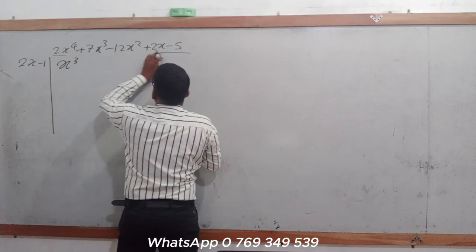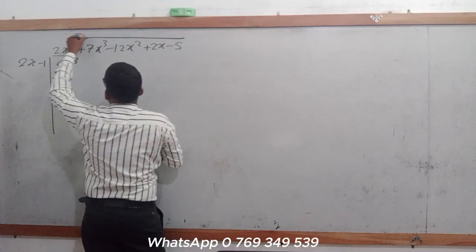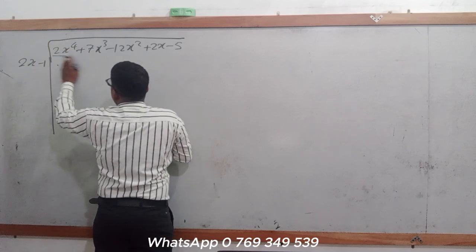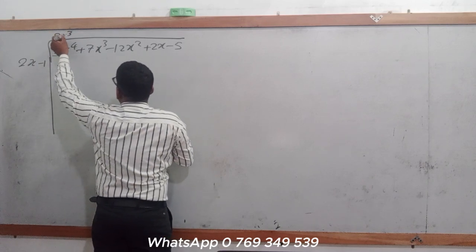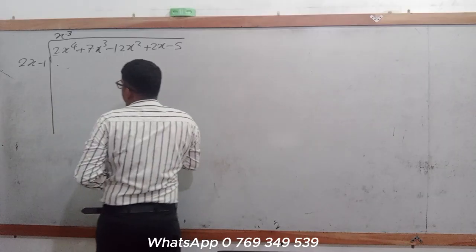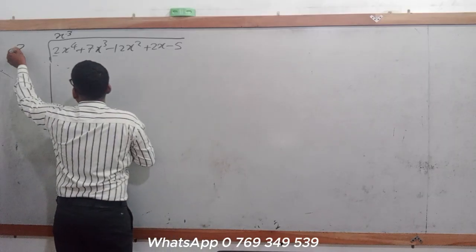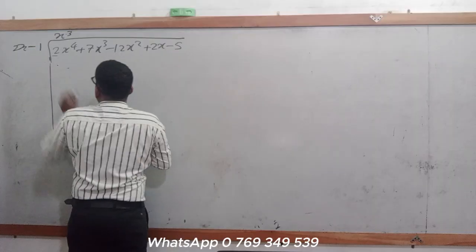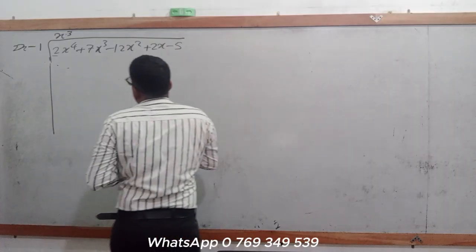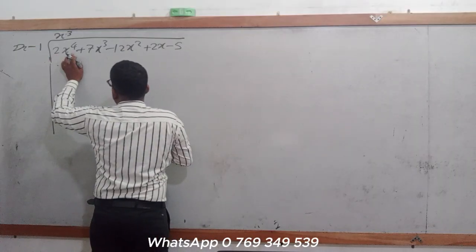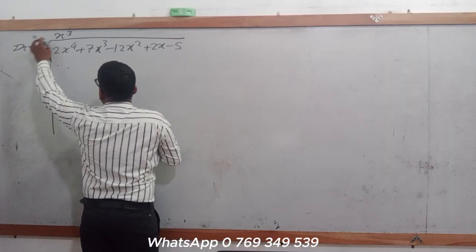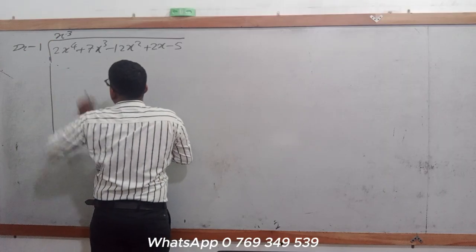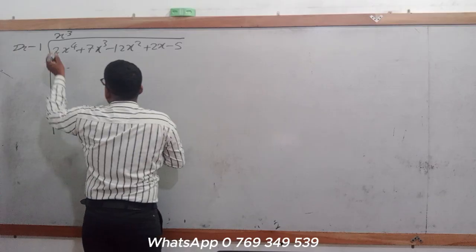Our rule line is this one, x cube, right? This 2x^4 divided by 2x. Therefore, the answer is x cube. x cube multiplied by this one.